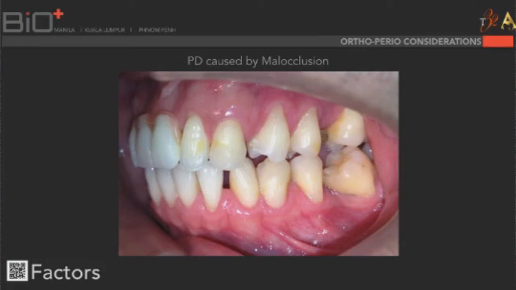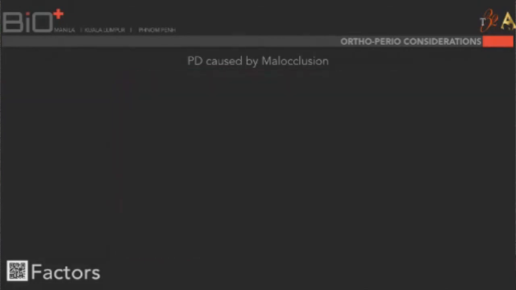The drifting and mesial tipping, but also because of perio. As we can see, it's still inflamed, but it's not red, right? But it's inflamed, and there is some loss of bone support for that tooth.